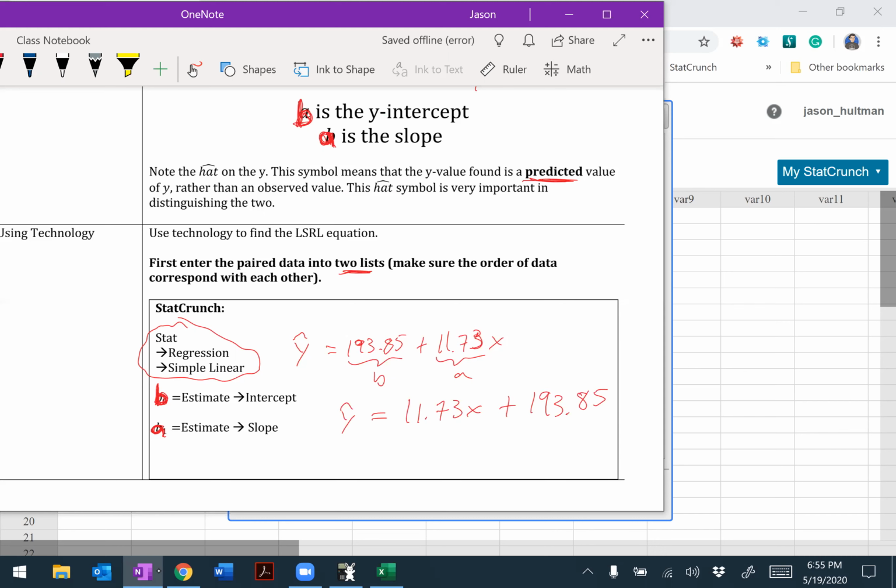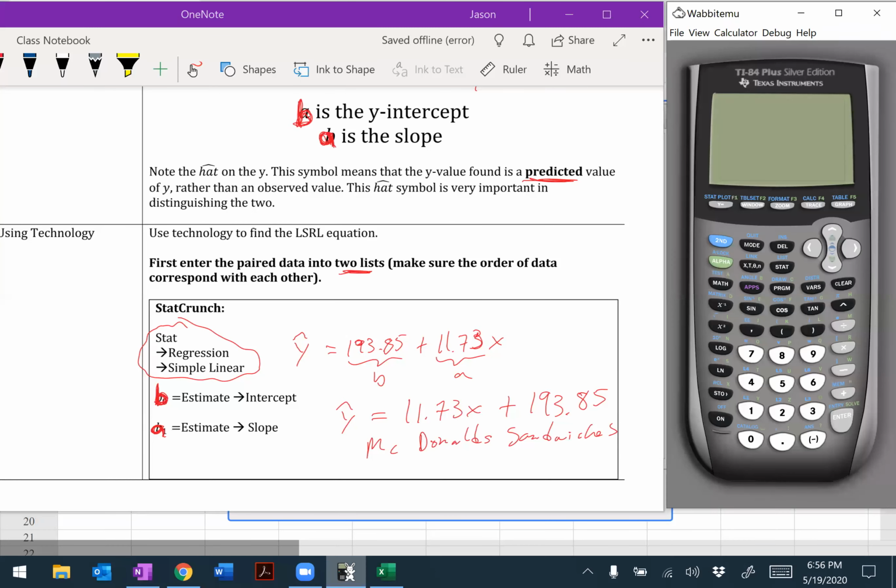That would be the linear regression equation for the McDonald's sandwiches.